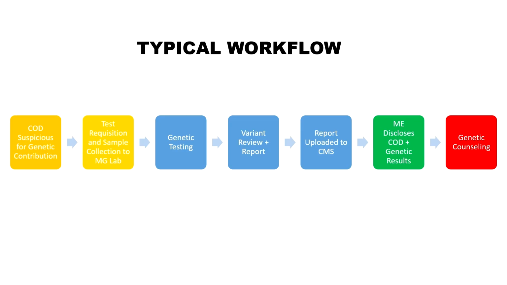The medical examiner then discloses the cause of death alongside the genetic testing finding to the family and refers them to speak to our genetic counselor. In the next few slides, I will walk you through each step of this workflow.